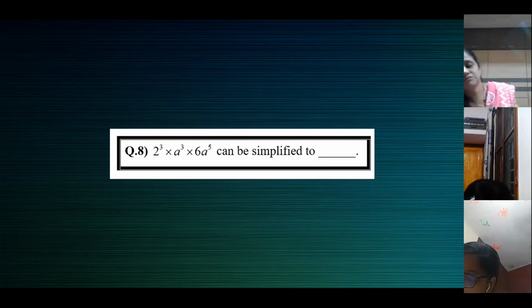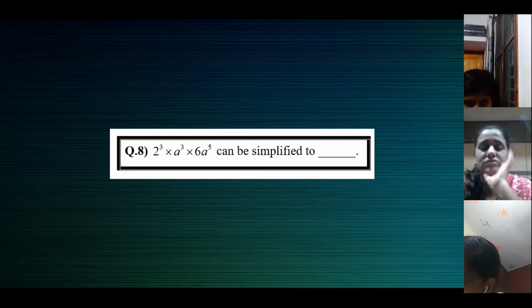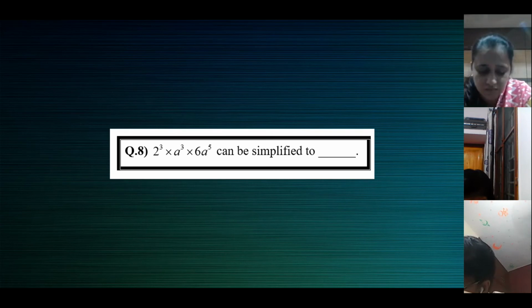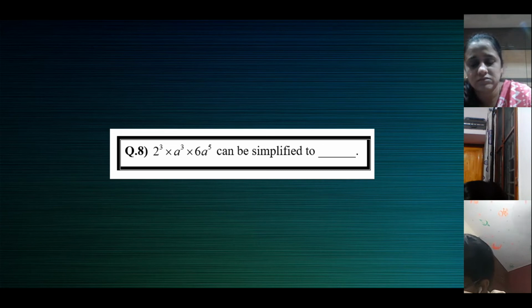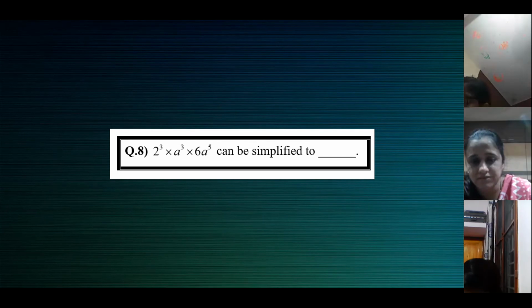Done, children? Done, ma'am. Yeah, what's the answer? Ma'am, 2 into A into 6A, ma'am. 2 into A into 6A.